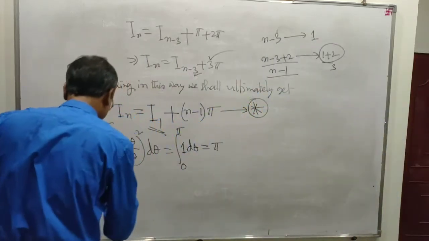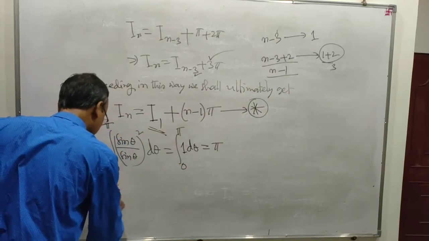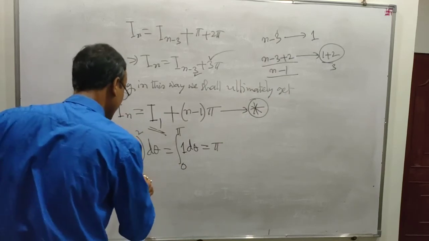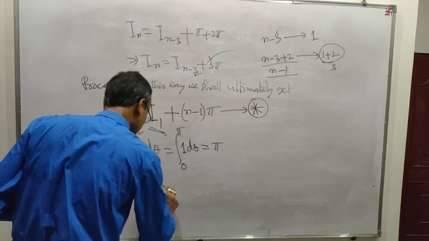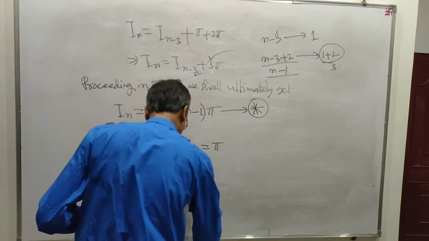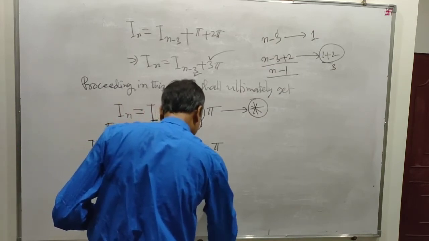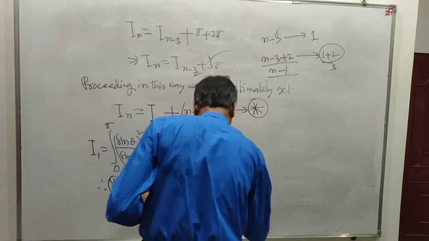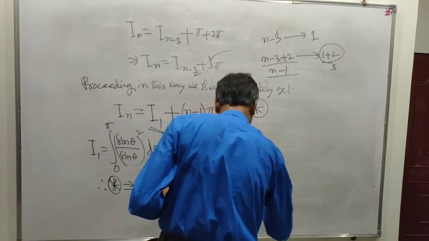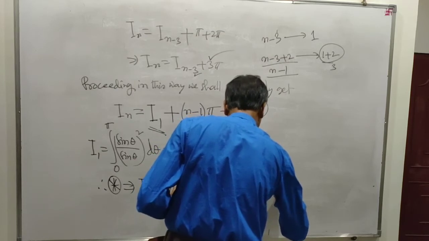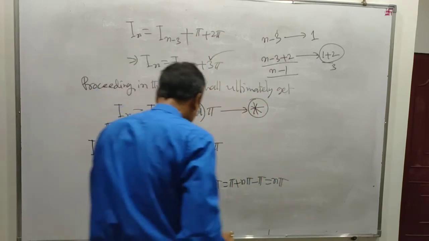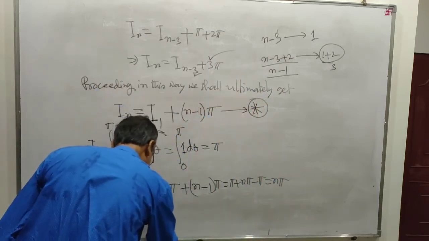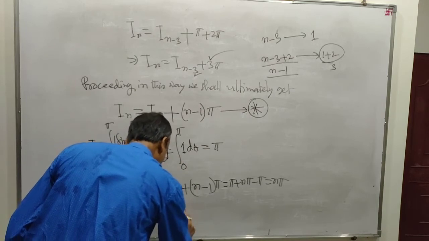Therefore, from star we get I1 equal to pi plus m minus 1 pi. This is equal to pi plus m pi minus pi. This is equal to m pi. Therefore, I am equal to m pi.